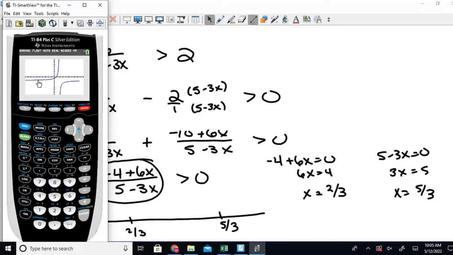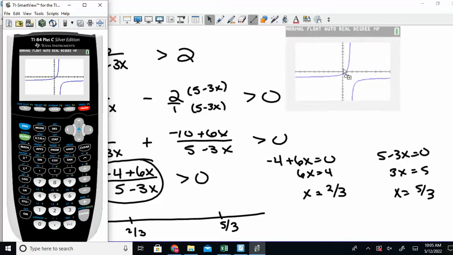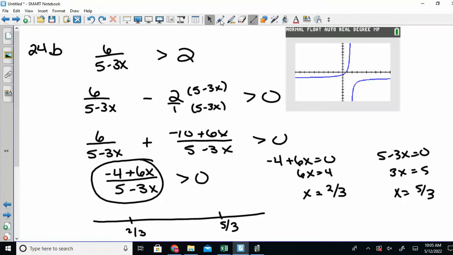So when I look at this graph, it starts off below the axis, so that's our negative. Then it goes above, so that's our positive. Then it's back below, so it's negative. We wanted greater than 0.